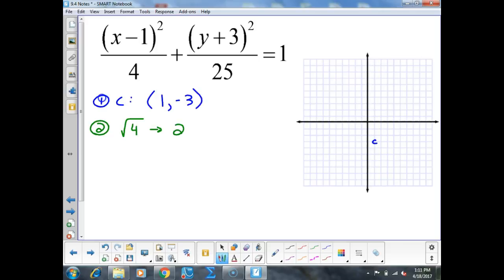So what does that do for me? Because it's under the X, so I'm going left and right. So I go right 2, and I go left 2. Those are actual points on the graph, yes. Next step.